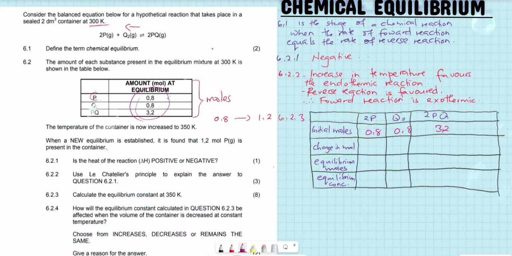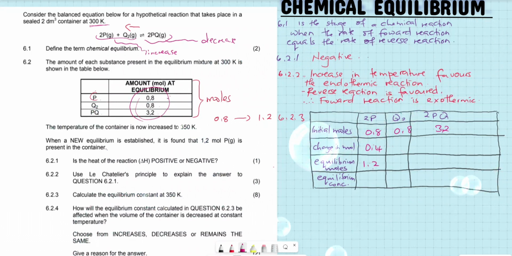Since the reaction favored is the formation of reactants, the number of moles of reactants are going to increase and the number of moles of products will decrease. The question says at 350 degrees the equilibrium number of moles of P increased to 1,2. So we have 1,2 here. To find the change, there was an addition of 1,2 minus 0,8, we get 0,4. So we added 0,4 to this one.